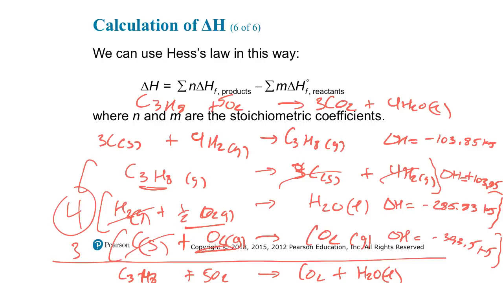So in other words, we're just tripling the delta HF of CO2, quadrupling the delta HF of water, and then subtracting the delta HF of the reactant. And it just works because of Hess's law. If I confuse you here, this is just trying to show why that particular approach works. It just works because it's a Hess's law example.